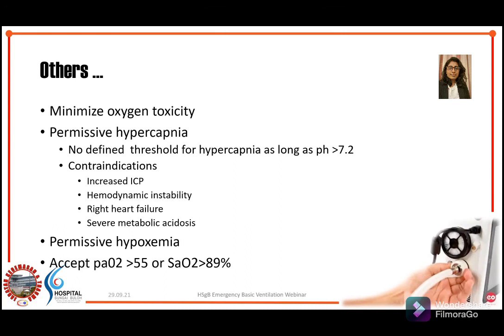However, you must understand there are certain contraindications to permissive hypercapnia, which are increased ICP, hemodynamic instability, right heart failure, and severe metabolic acidosis. Permissive hypoxemia, as I mentioned earlier, you may allow PaO2 more than 55 with a saturation of more than 89%.